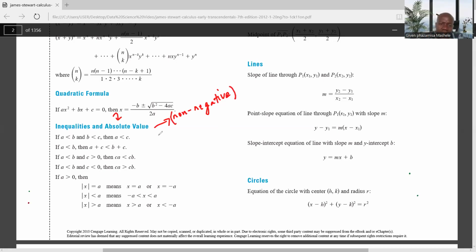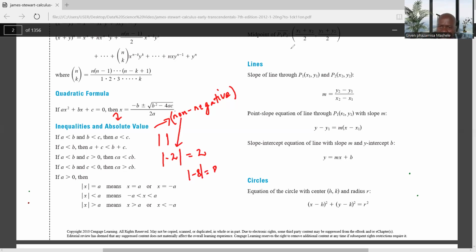For example, this is the symbol for an absolute value. If I say to you, what is the absolute value of -2? Obviously, the absolute value of -2 would be 2. Why? Because the absolute value is always non-negative. So the absolute value of -8 is 8.